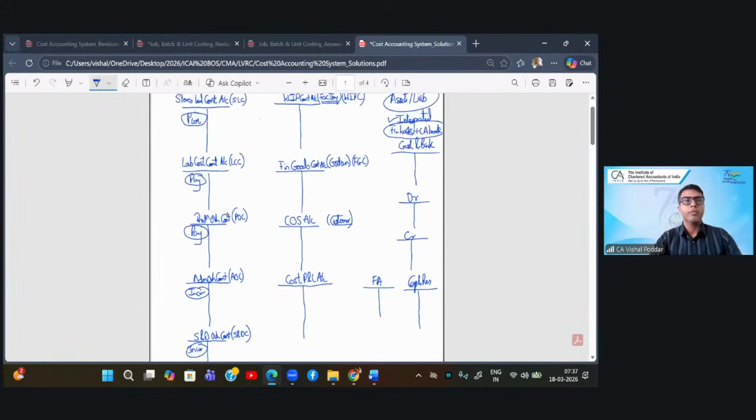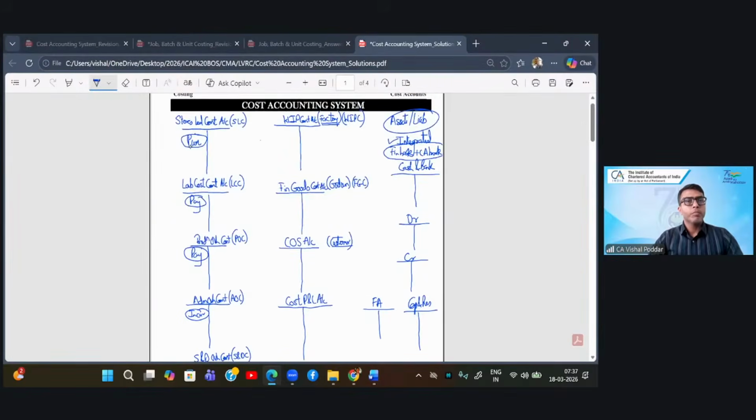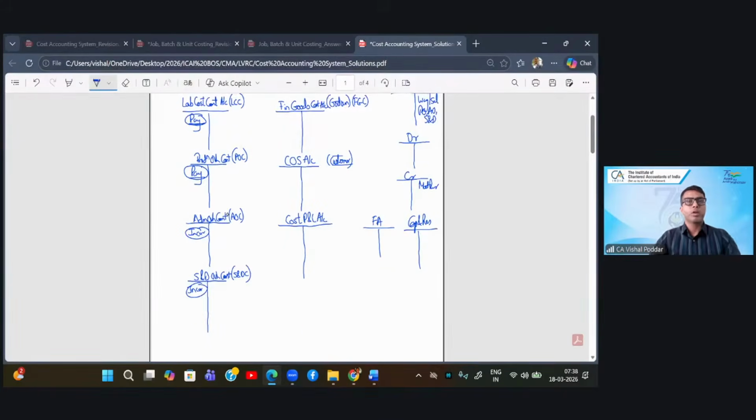Now see how double entry would be completed. Whenever you purchase material, material account is debited and this account will get credited. Similarly, when you pay wages or salary, labor cost account will get debited and this account will get credited. Similarly, when you pay your overheads, again, this account will get credited. And if any of the overheads are on credit basis, then this account will get credited.